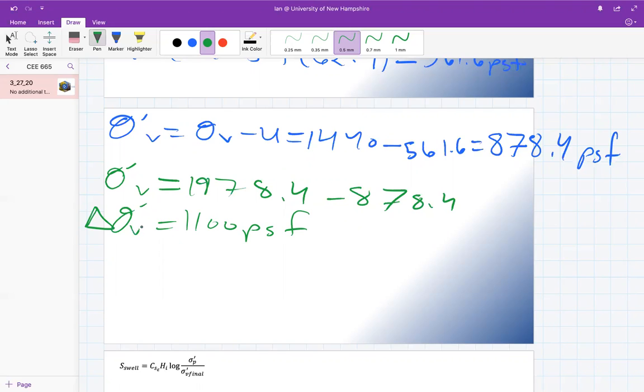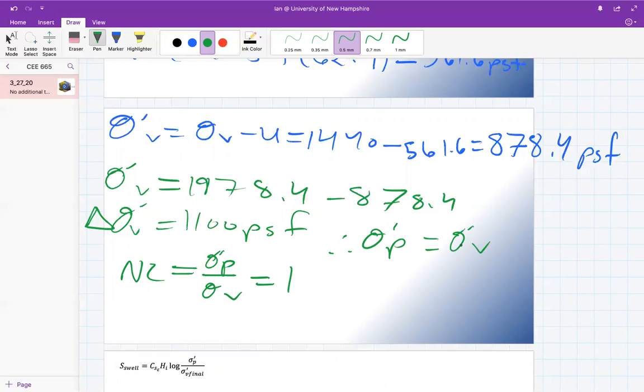Normally consolidated clay, so that's what I'm going to denote as normally consolidated. And you can find this equation 8.2 in your textbook, which I believe is page 353. And you'll find that sigma p prime over sigma v prime will equal 1. So here for this situation, we said sigma p prime equals sigma prime v.